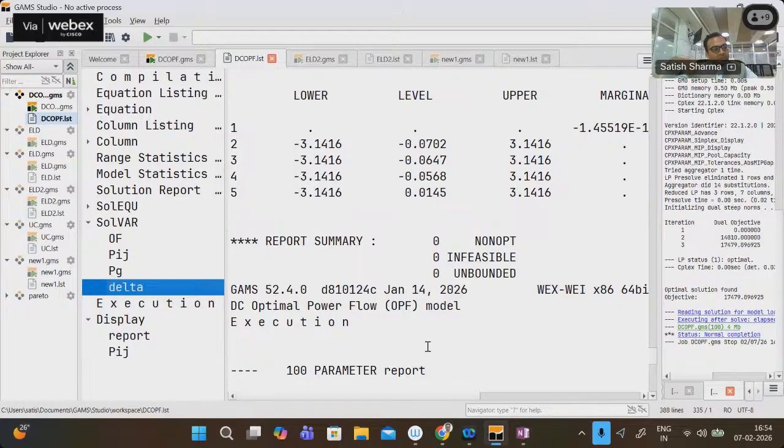They may have different values. They should not, because in both MATLAB and GAMS we are solving the optimization, so the optimal solution should be the same, but maybe some data differs slightly, which is why the values come out different.